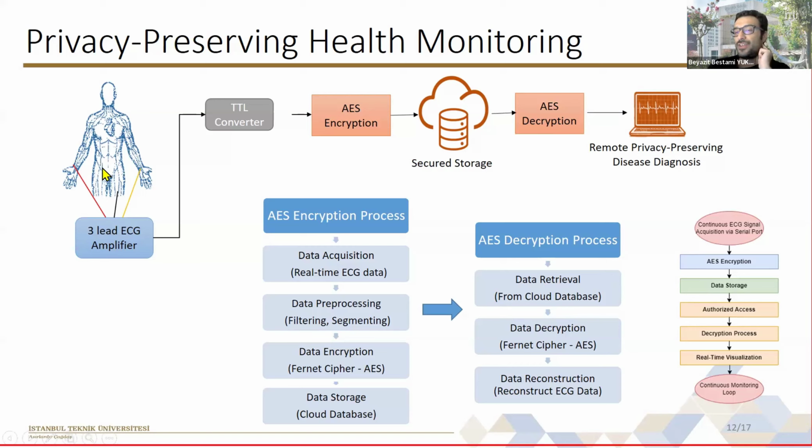Only authorized users can decrypt the data, preserving patient privacy while enabling detailed medical analysis. Both original and decrypted ECG data are plotted in real time. The encrypted data is retrieved from cloud storage through database queries based on specific patients or time frames, streamlining medical review.